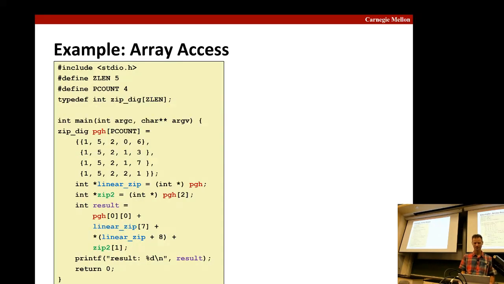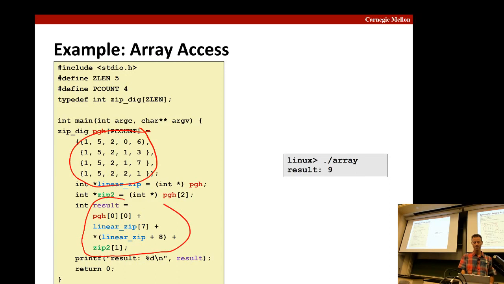Okay. So you can look at this at your leisure. Basically, this just helps you with your understanding of how this all works. We've got this initialized array here. We've got different ways that we've referred to it. And then we have this funky expression that's really bad code. But it does return 9. And the reason it returns 9 is highlighted here. Basically the thing in red gets you this digit.